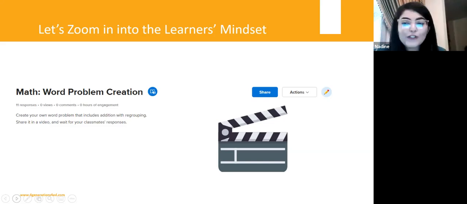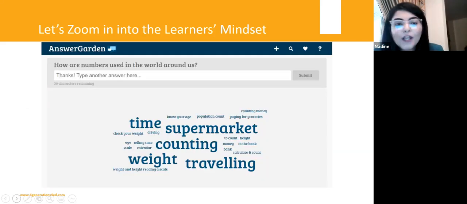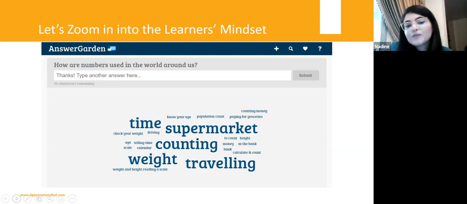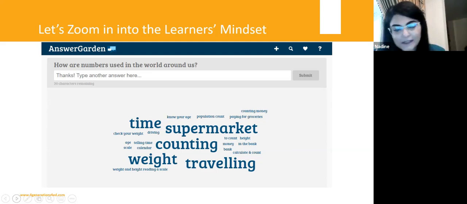And now we are going to look at another example of the we mathematicians. So I'm sure that many of you are familiar with the answer garden, and we use it not only in mathematics but in many disciplines. But here I would like to share with you how we personally used it in mathematics.